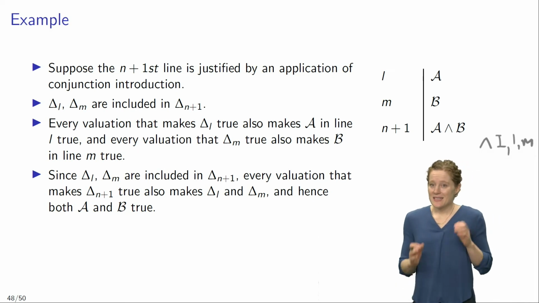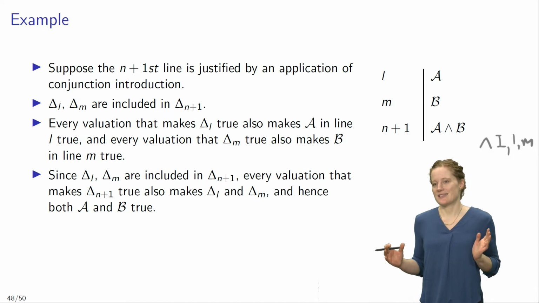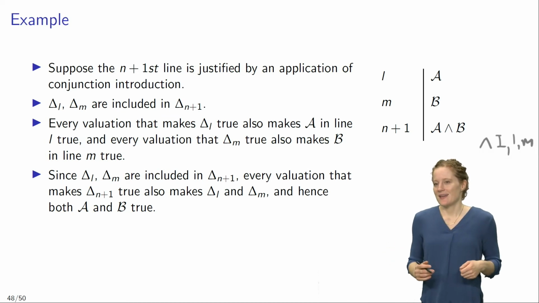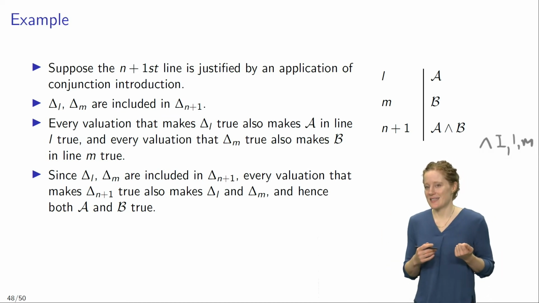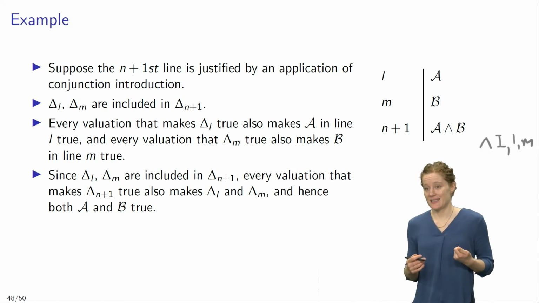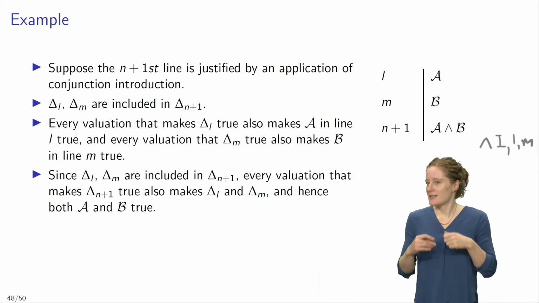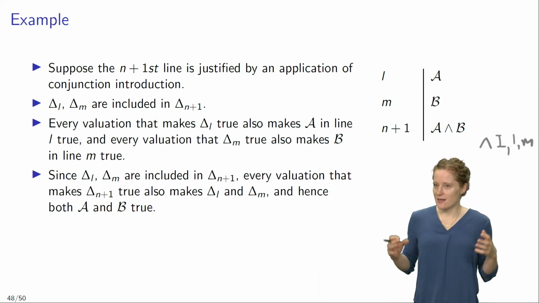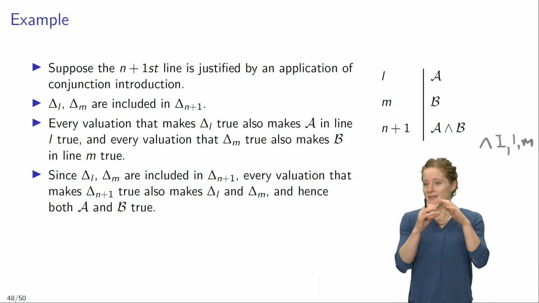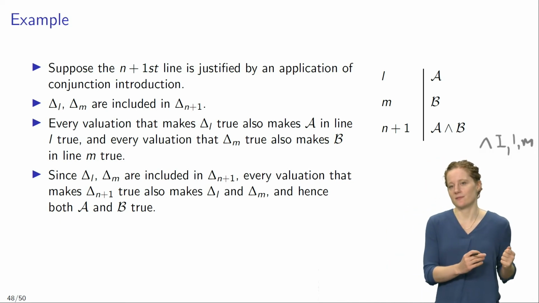Now, since delta L and delta M are included in delta n plus 1, every valuation that makes delta n plus 1 true also makes delta L and delta M true. So delta n plus 1 is a set of sentences, delta L is a set of sentences, and delta M is a set of sentences. And delta L and delta M are included in delta n plus 1.